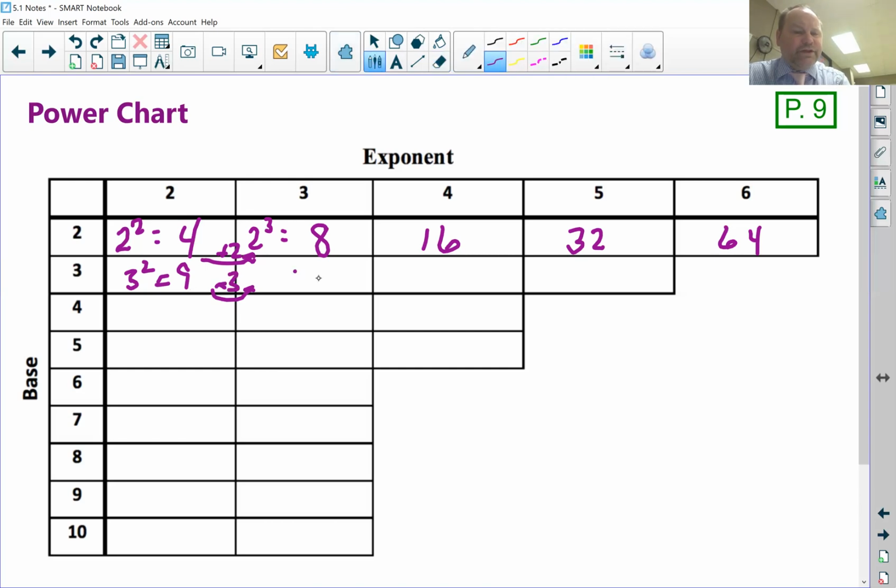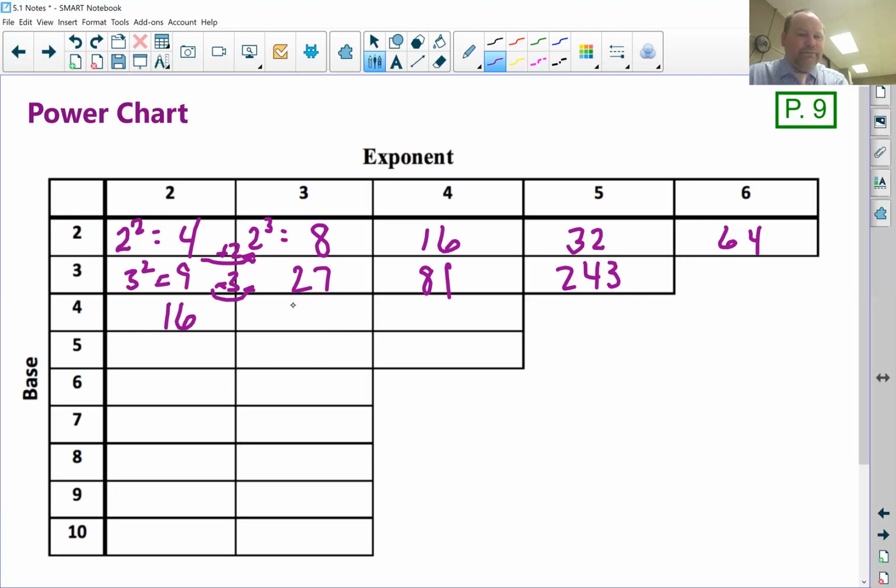That would give me 27. 3 to the third power is 27. Multiply by 3 again. 3 to the fourth power is 81. 3 to the fifth power is 243. 4 squared is 16.